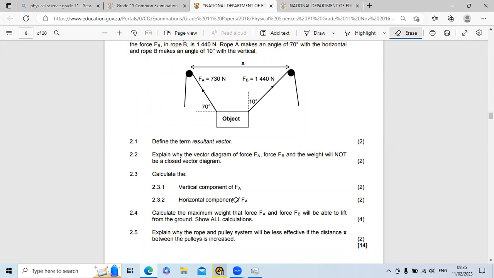Kyle is going to calculate the vertical component and Jason is going to calculate the horizontal component, and you guys give me the answers. I'll give you till 10 to do that, and give me answers in 2 decimal places. So can you guys do that for me?